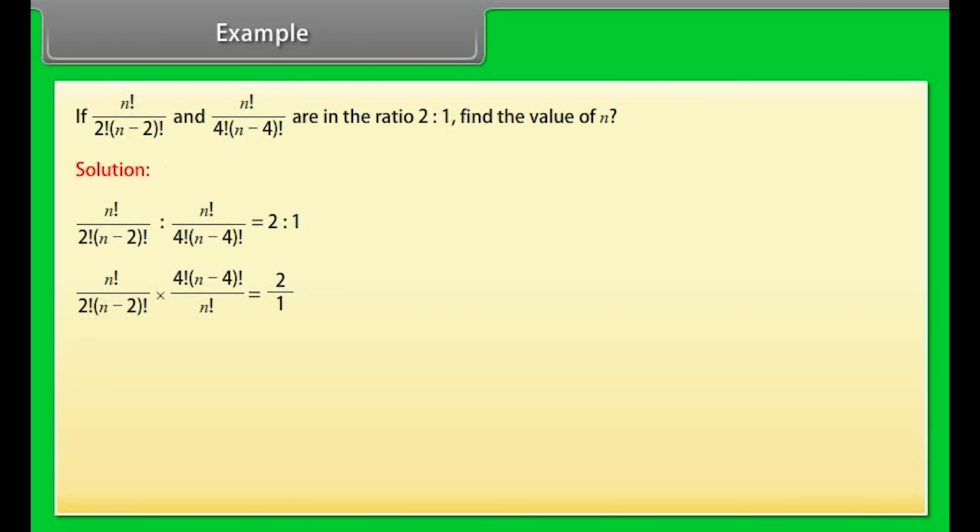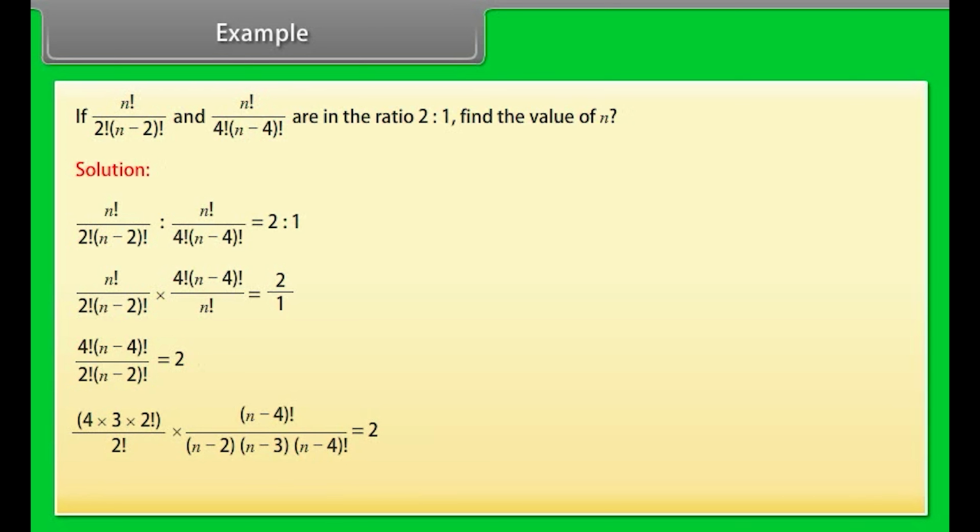It implies n factorial by 2 factorial into n minus 2 factorial multiplied by 4 factorial into n minus 4 factorial by n factorial is equal to 2 by 1. So 4 factorial into n minus 4 factorial by 2 factorial into n minus 2 factorial is equal to 2.